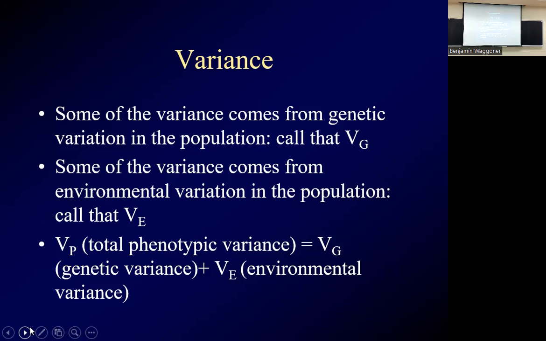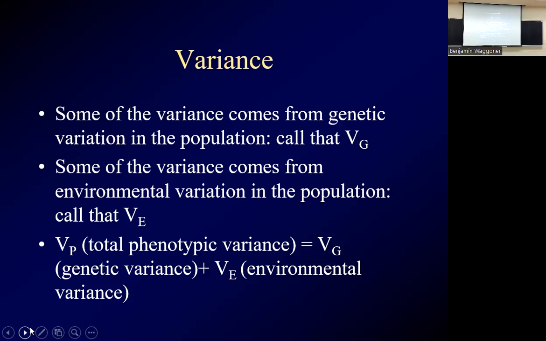So some of the reason for that spread between 4'10" and 7'2" people is down to environment. Some of that spread is due to genetics. And you can think of the total phenotypic variance as just the sum of genetic variance, or V sub G, and environmental variance, V sub E.